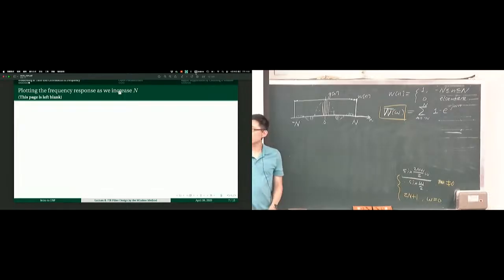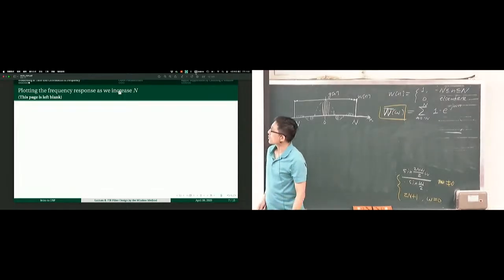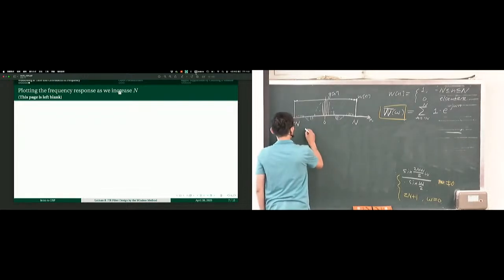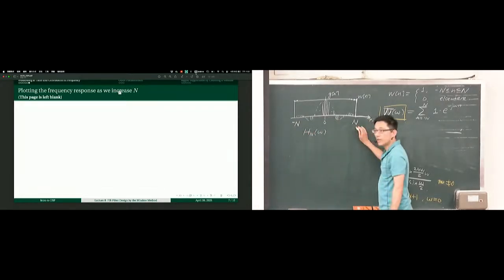Okay, so let's do this together. We plot the frequency response as we increase n. Let's say our design is called h sub n, denoting the length on each side.